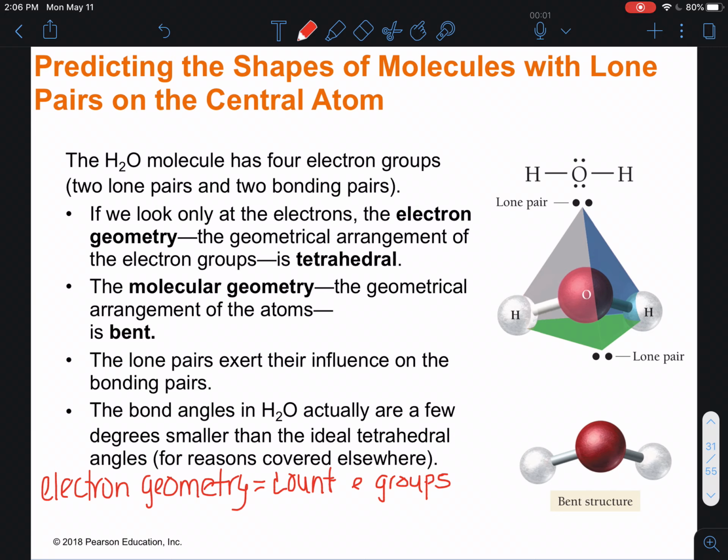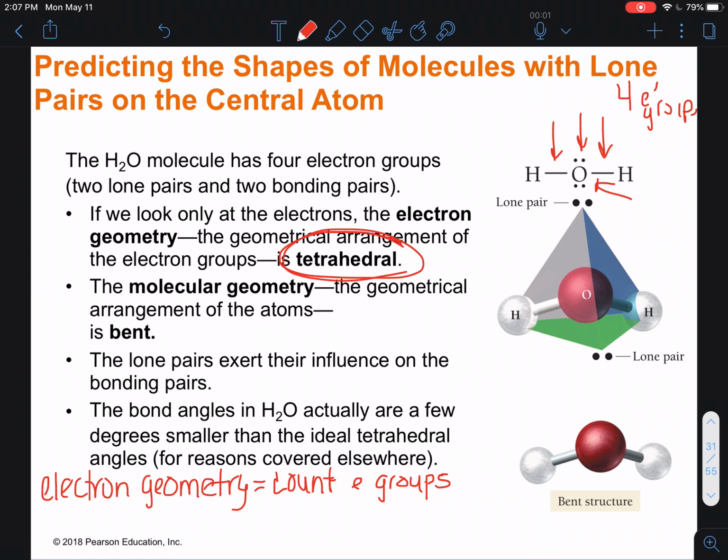So remember, E groups are the two single bonds right here, this lone pair, and this lone pair. So that's a total of 4 E groups. That's going to give us an electron geometry of tetrahedral.